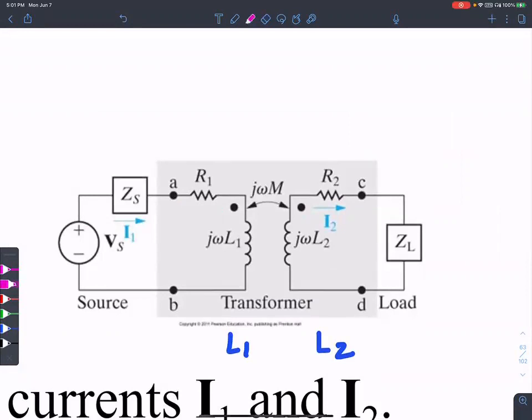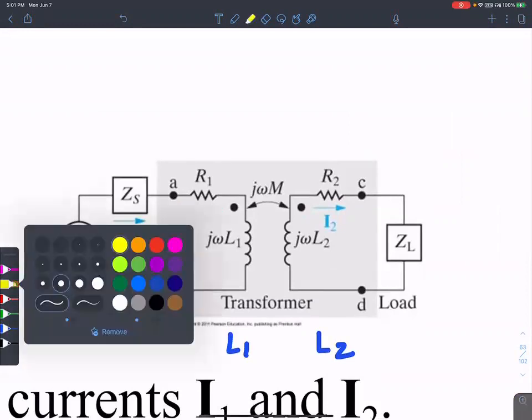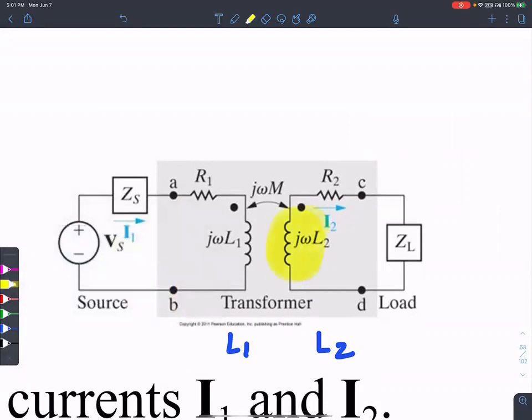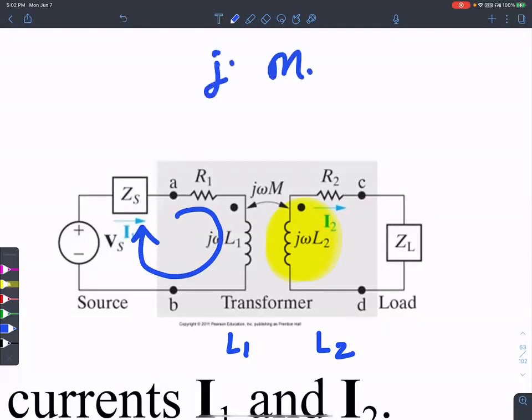We are interested in finding out the voltage drop that this current I2 causes in this loop. We know M is the inductance, so j omega M times I2 is the voltage that is dropped.